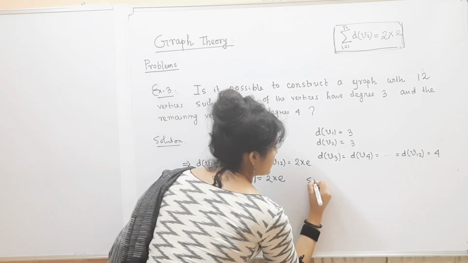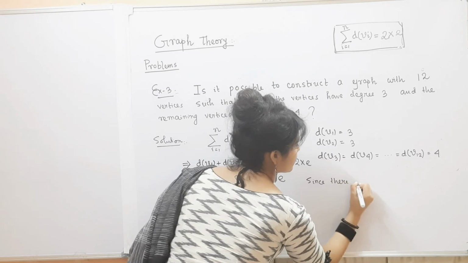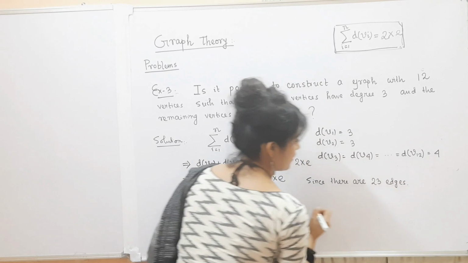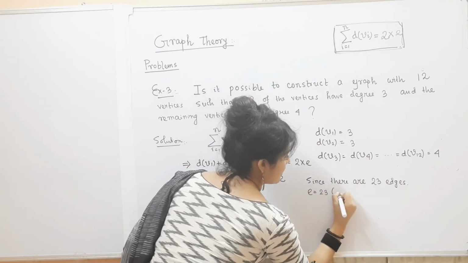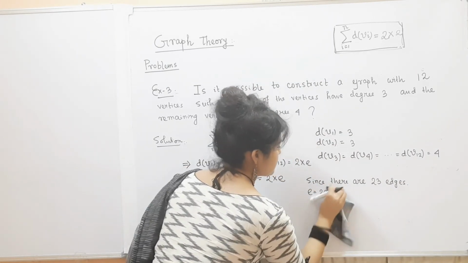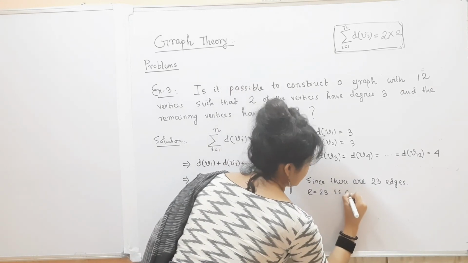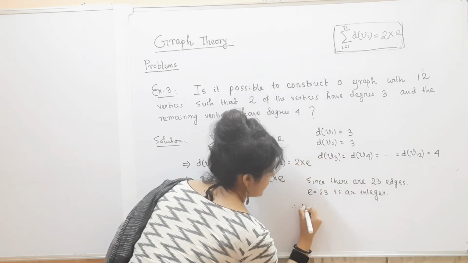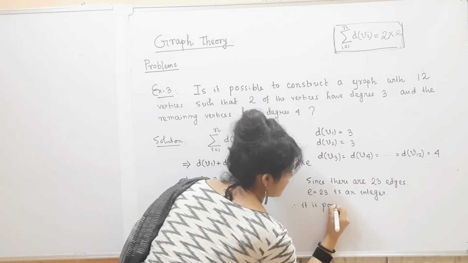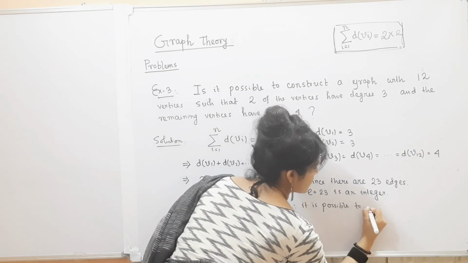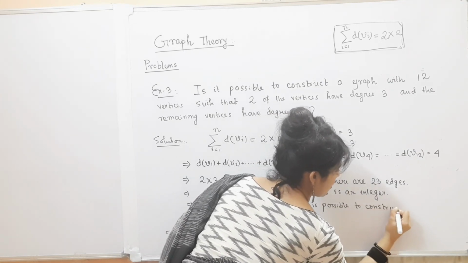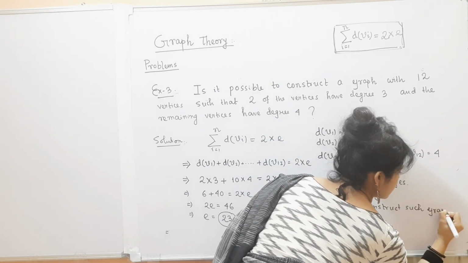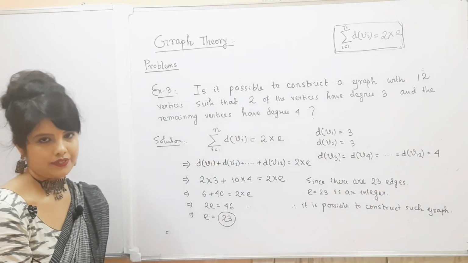Since there are 23 edges, E equal to 23 is an integer, and obviously a positive integer, therefore it is possible to construct such a graph.